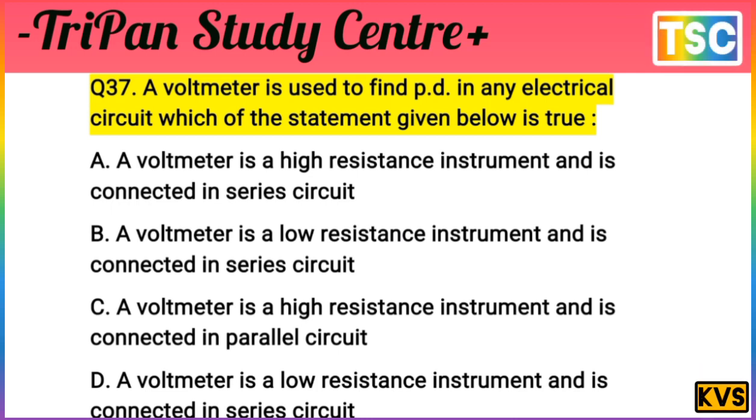B. A voltmeter is a low resistance instrument and is connected in a series circuit. C. A voltmeter is a high resistance instrument and is connected in a parallel circuit. D. A voltmeter is a low resistance instrument and is connected in a series circuit.